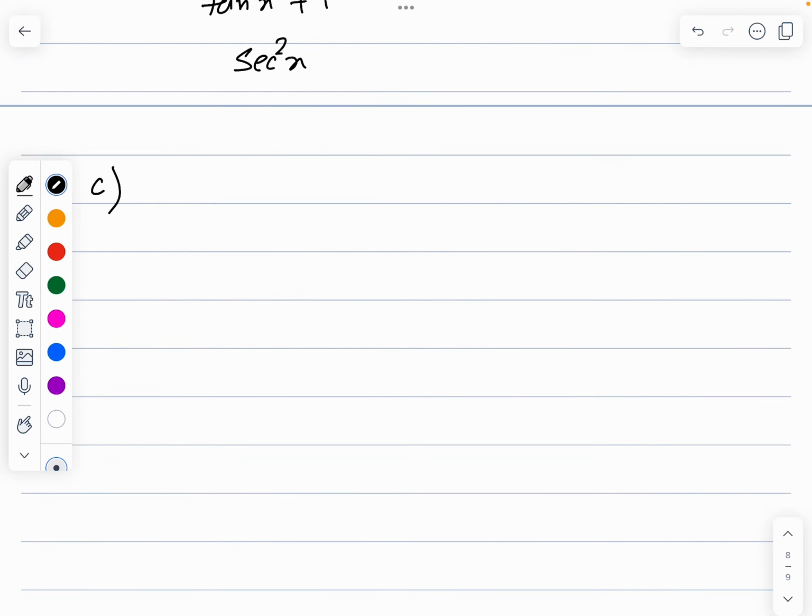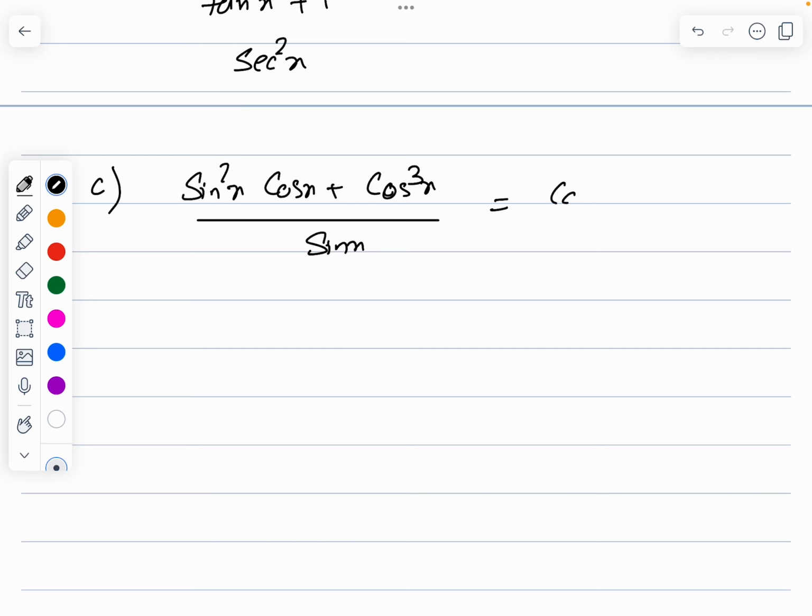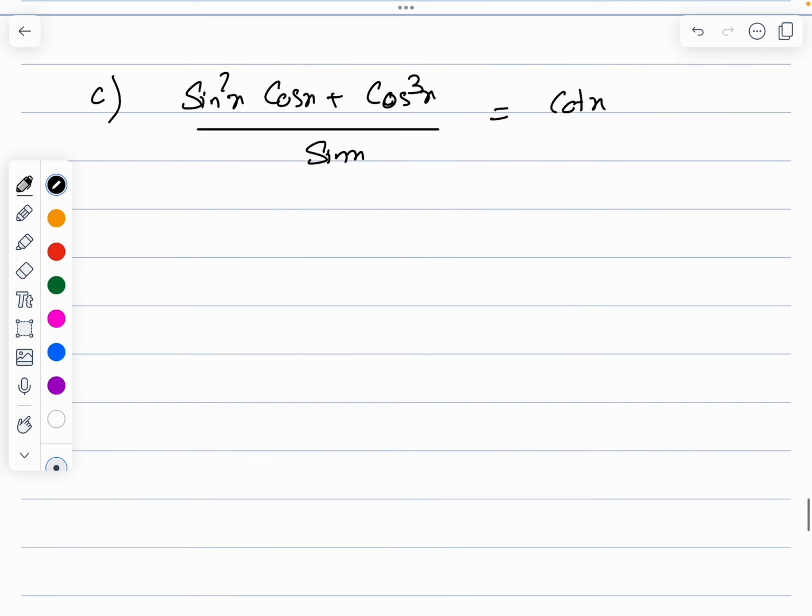Part C, (sin square x cos x plus cos cube x) divided by sin x equals cot x. We have to prove that this equals cot x. So what am I going to do? From the left hand side, take cos x common.